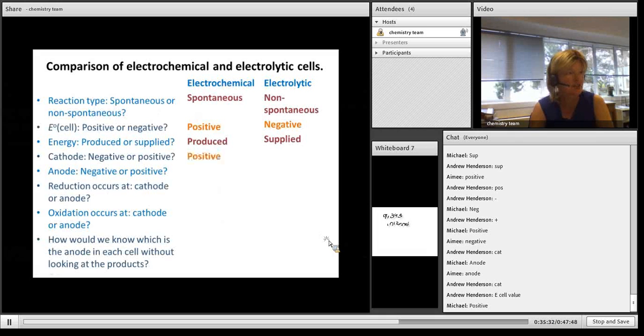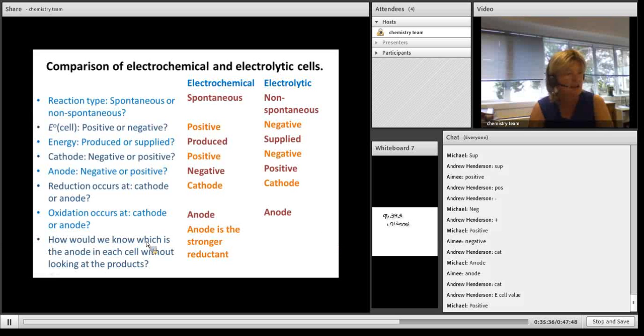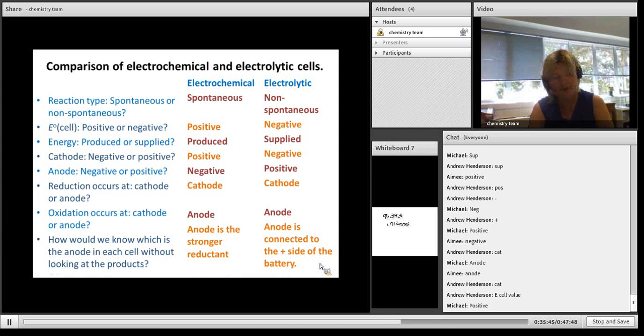If I flick through very quickly, the anode is a stronger reductant for the electrochemical cell, and the anode is connected to the positive side of the battery in an electrolytic cell. Okay, do you think you'd be able to use all that in your report?